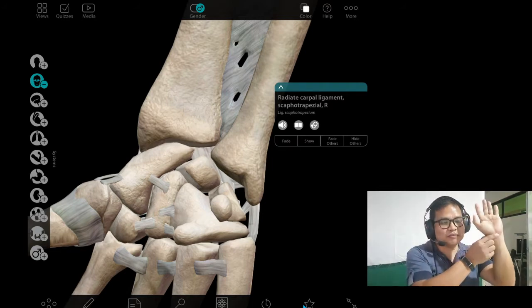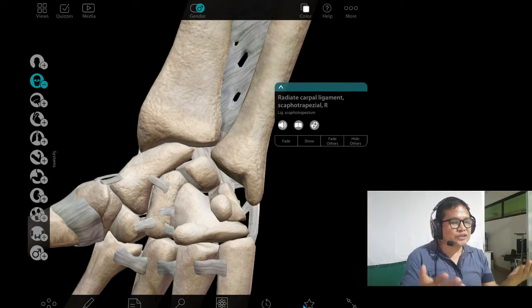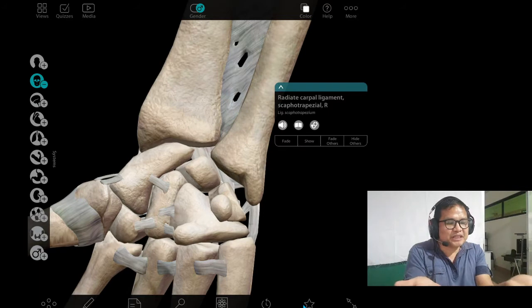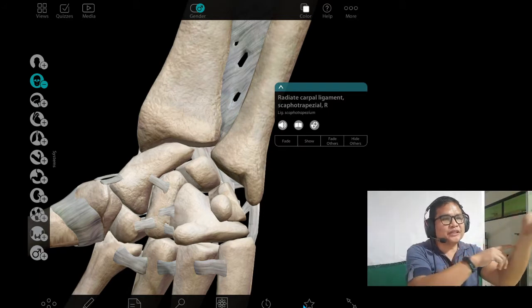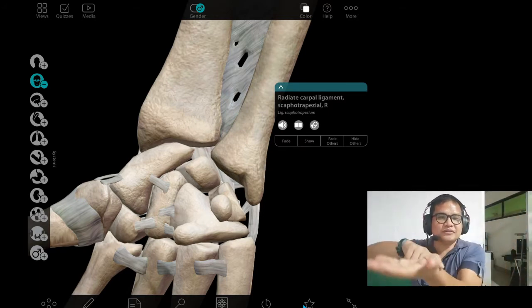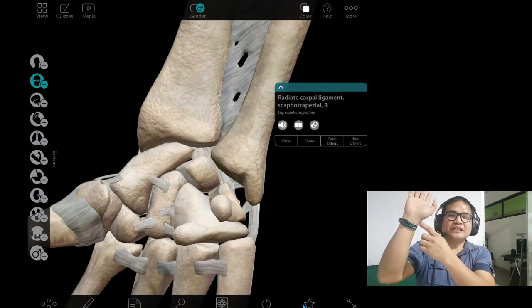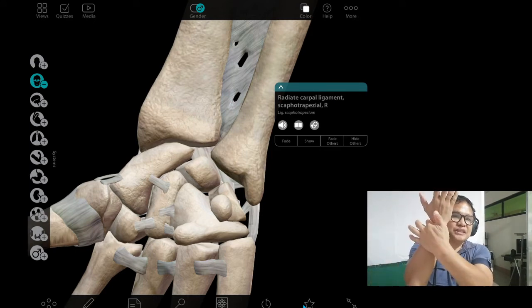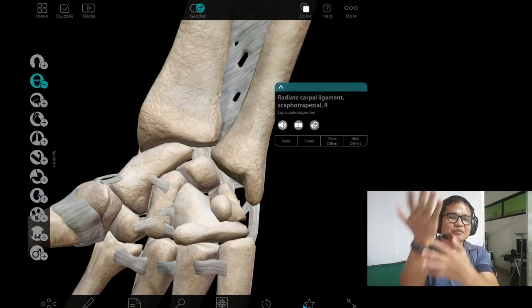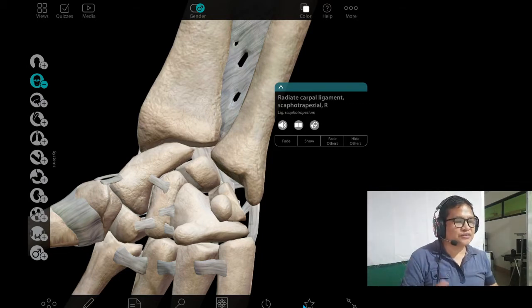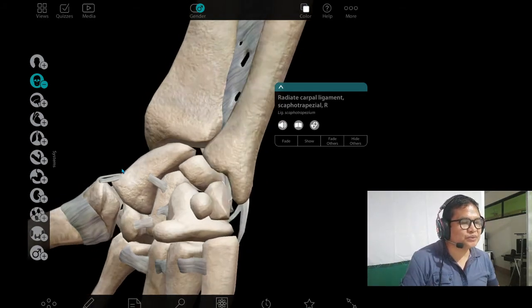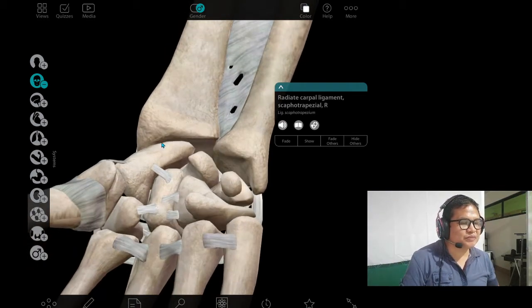So if in anatomical position, when you try to name them, you name them from the lateral, from here going to the medial. So always take note, you name the bones of the wrist from the base of the thumb.